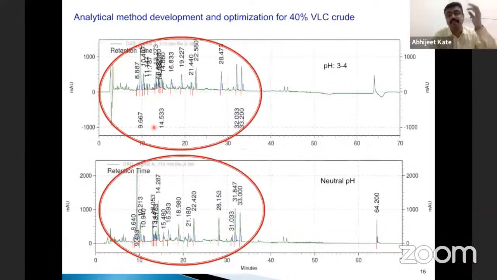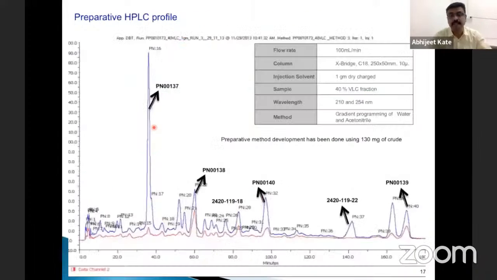Then we further developed an analytical and preparative HPLC method. I want to highlight here, because some of you may not have been exposed to preparative HPLC: generally in HPLC we use a flow rate of 1 ml per minute, while in preparative HPLC we use 100 ml per minute.